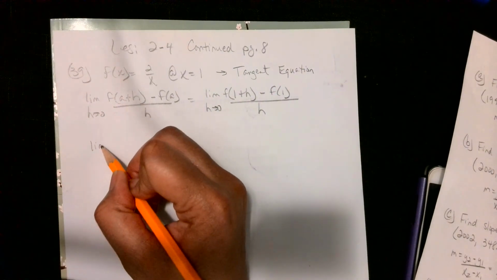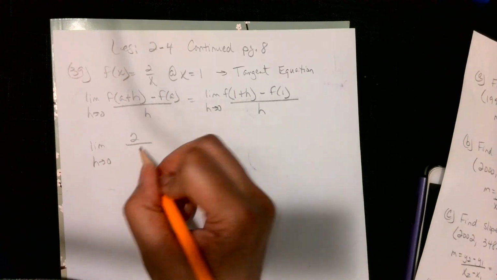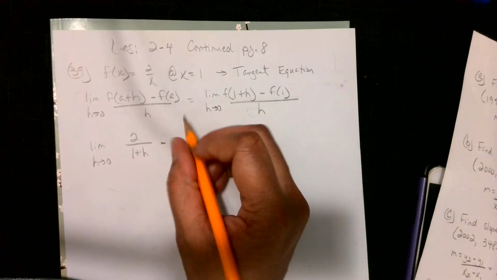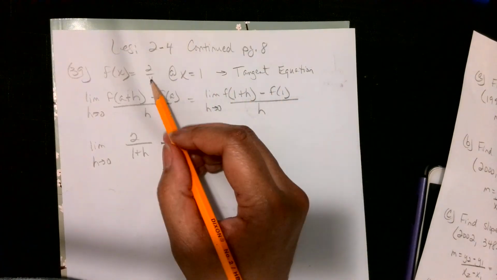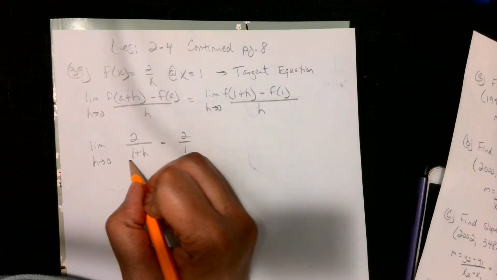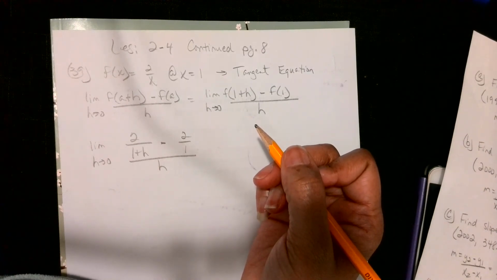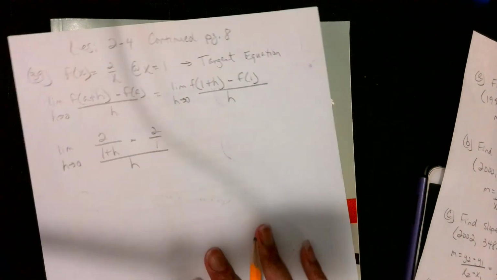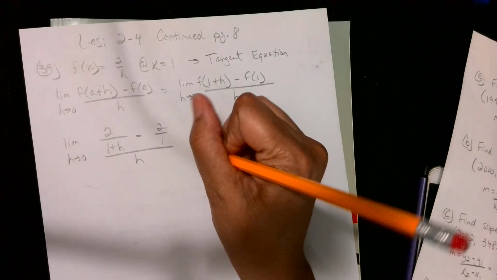So this would be 2 over 1 plus h, because that's where x is, minus 2 over 1, because that's where x is, all over h. And I will leave it as 2 over 1. It's just 2. Oh, well, no. Okay.